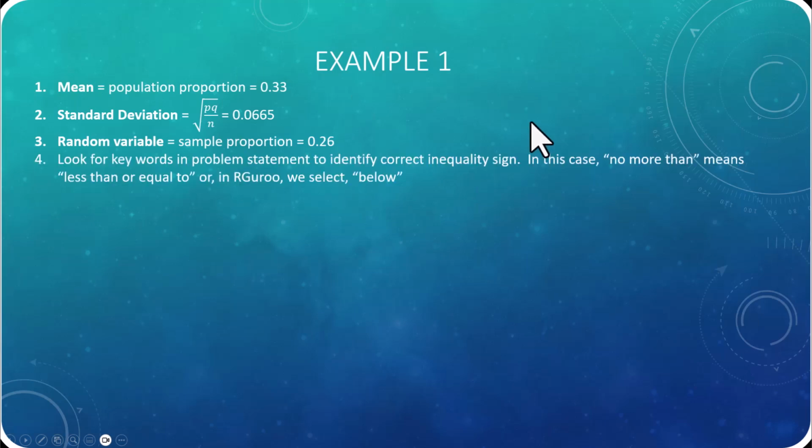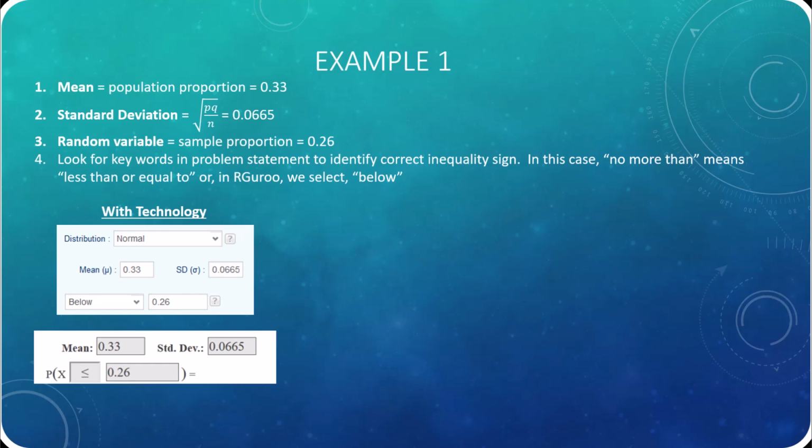The last thing we have to do is figure out what inequality sign we want. Because it is a continuous distribution, we really only have two options: we're either shading left or shading right. I guess we could shade in between, but assuming we're only shading one side, those are our options. It says no more than, so that's less than or equal to, or in RGuru, we would select below.